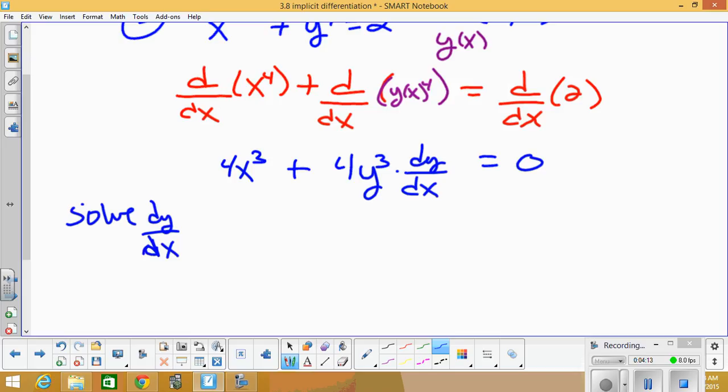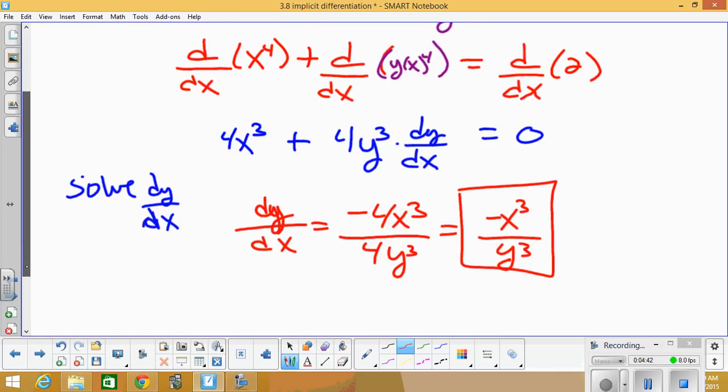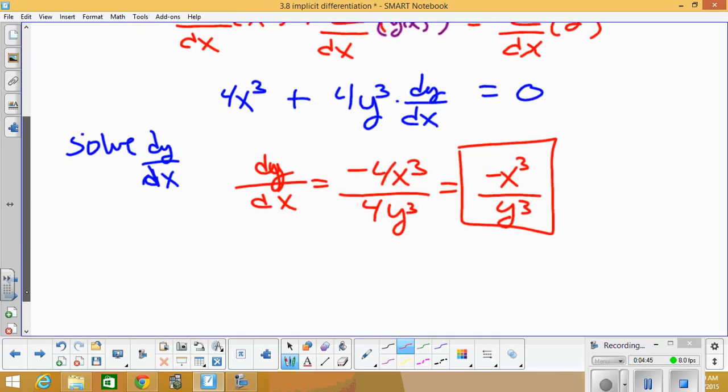If I did that, I would be subtracting 4x cubed from both sides and then dividing by 4y cubed. So I would have dy over dx equals negative 4x cubed divided by 4y cubed. Simplifying, I would get this as my derivative implicitly. So I have an x and y value left in the derivative function.